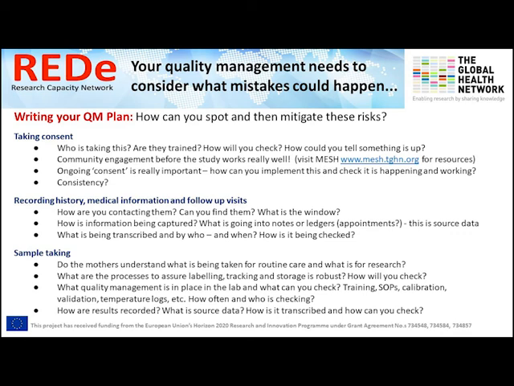So you've got two streams of activities really: the patient coming in for their visits, and then the patient's samples can be considered on one stream and their data on another. And all the time you need to be thinking about how that matches up with the protocol and what could be put in place to make sure that mistakes aren't going to happen.